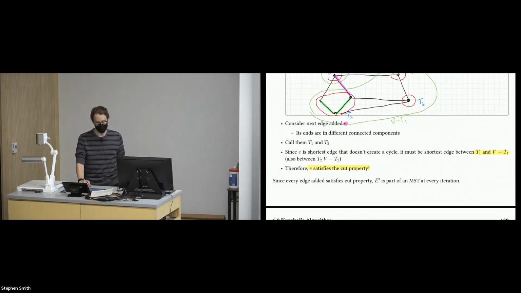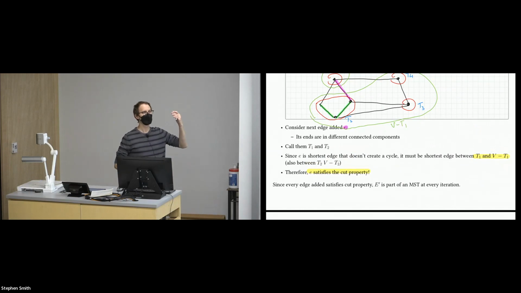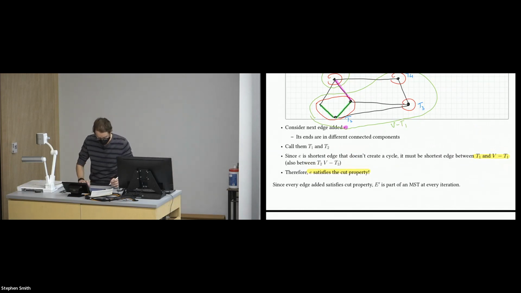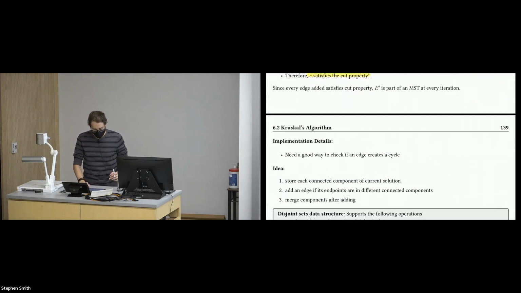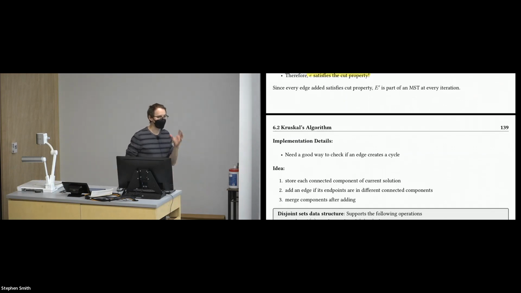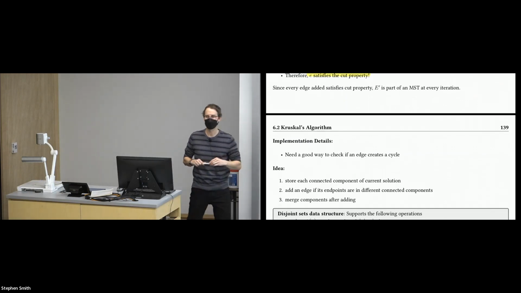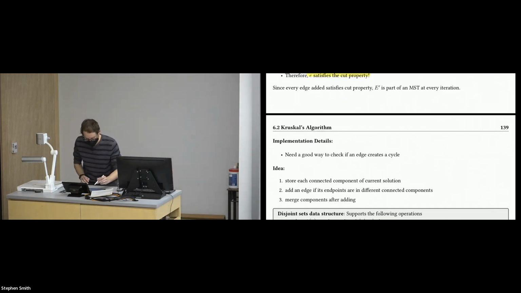Okay. So now the question is, how do I check if, when I add an edge, it's going to create a cycle? So we need a good way to do this. And the idea is to use what they call a disjoint sets data structure. And it's fairly simple to describe and kind of clever. What it does is it stores each connected component of the current solution.